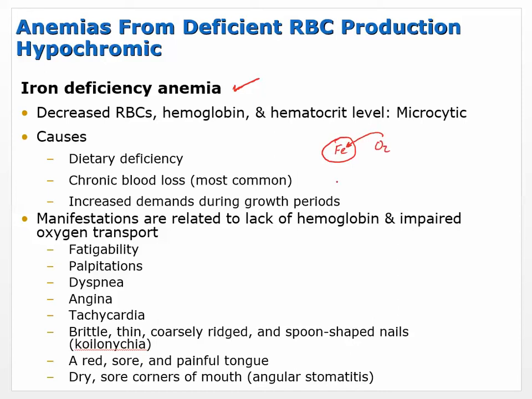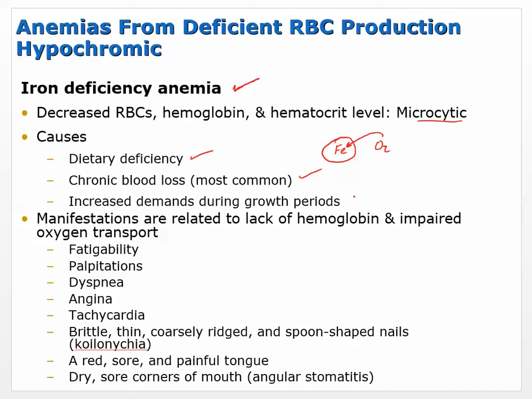If you don't have enough iron, then you're not going to have enough hemoglobin. So decreased red blood cells, hemoglobin, and hematocrit level. Microcytic, they're smaller. Causes are dietary deficiency, not getting enough iron in your diet, and chronic blood loss. We'll talk about that when we discuss the iron cycle.